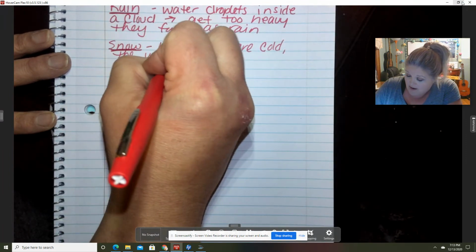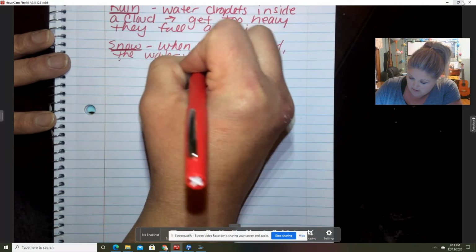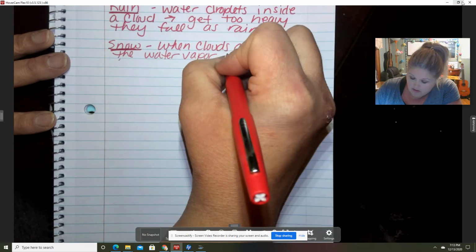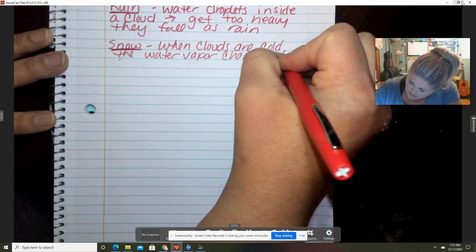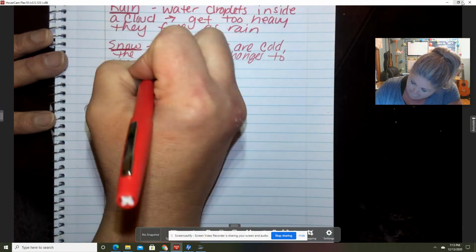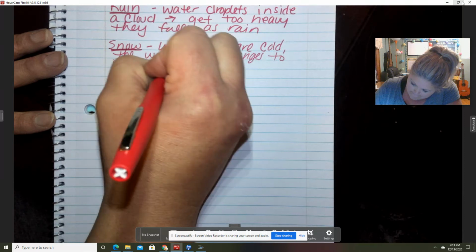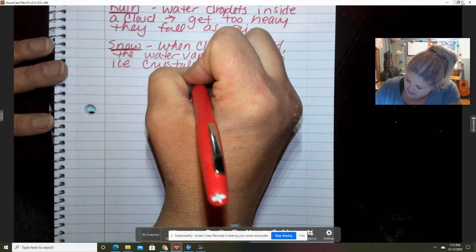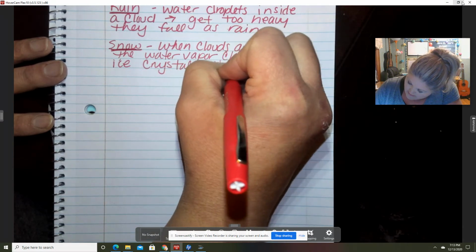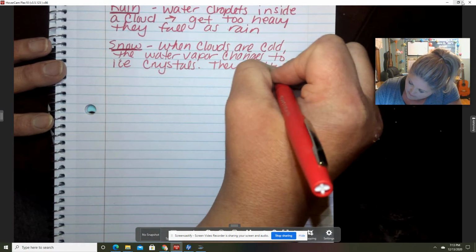So clouds are made of water. Changes to ice crystals. And then they attach to each other.